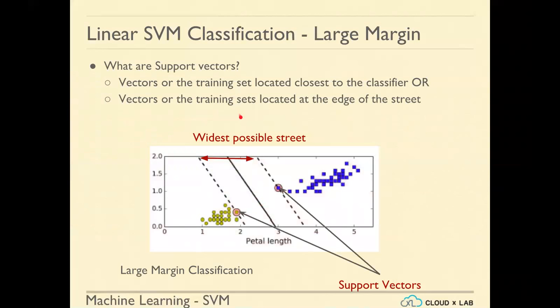As part of SVM classification, these dots on the end are called the support vectors.